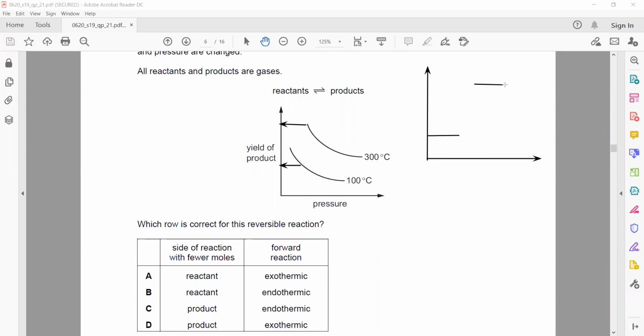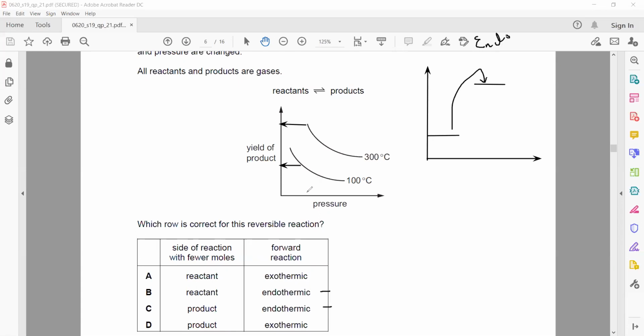If the reactant has low energy and the product has high energy, the reaction is endothermic. Because higher temperature gives more product, the forward reaction is endothermic. So either B or C can be answered. A and D are wrong because they show exothermic.